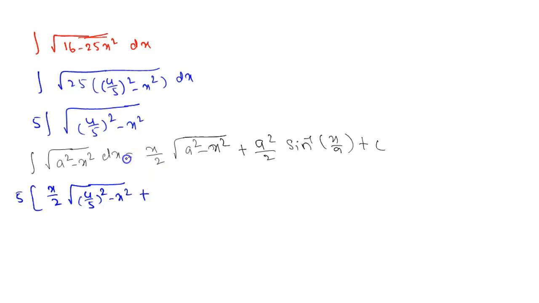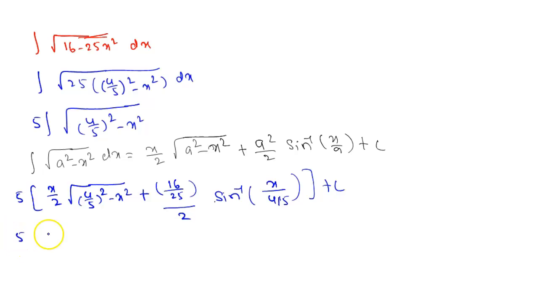The a square value is 4 by 5 whole square, that can be written as 16 by 25, by 2, next to sin inverse x by a. The x value is x only, by a. The a value is 4 by 5, plus c.